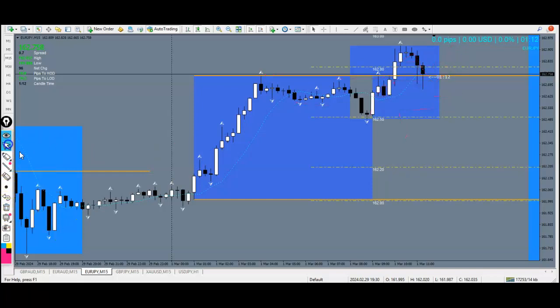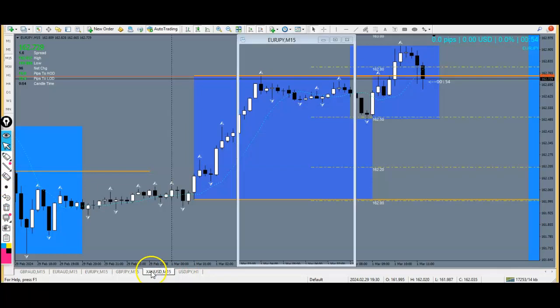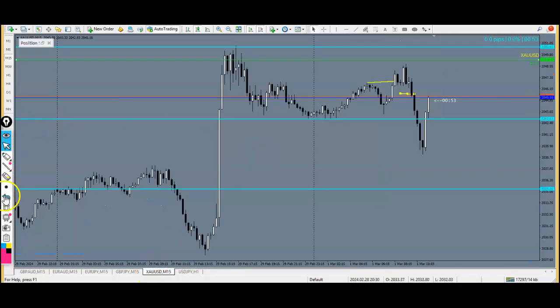Right, so the other trade is gold. Sorry, so we had a trade in gold. At the break of this level here, which was a change of structure, on the pullback we entered.